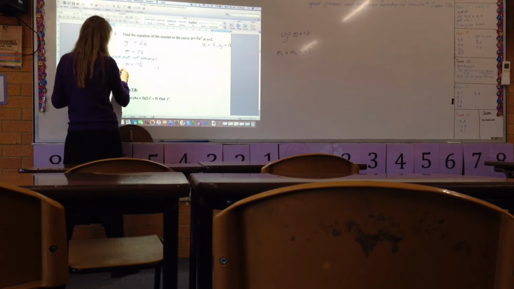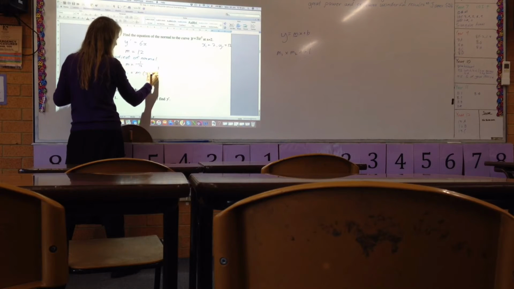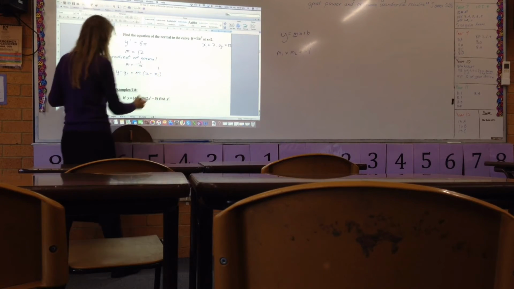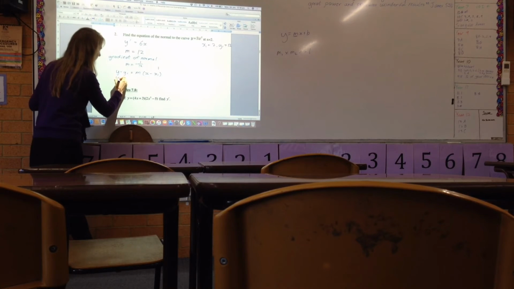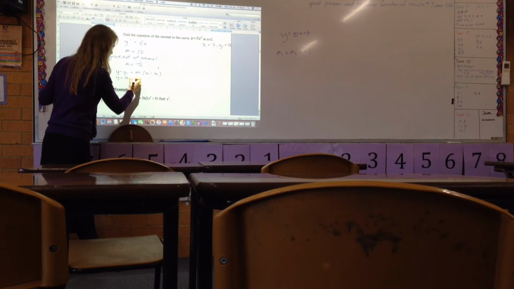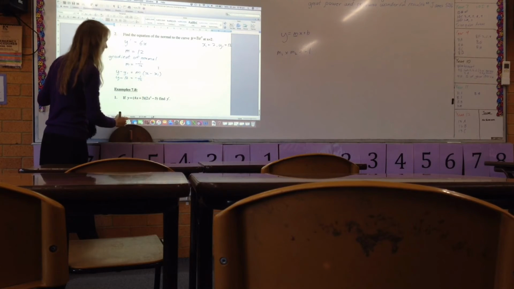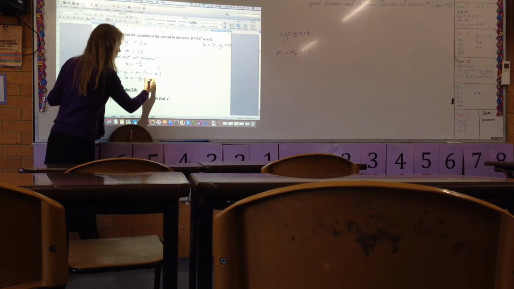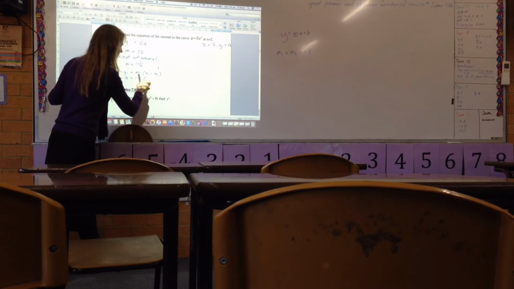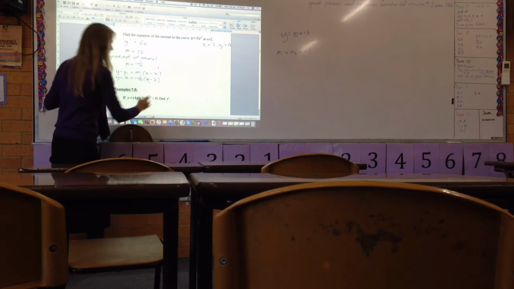So we have y minus y1 equals m times x minus x1. So y minus y1, which was 12, equals the gradient, minus 1 over 12, times x minus x1, which is 2.